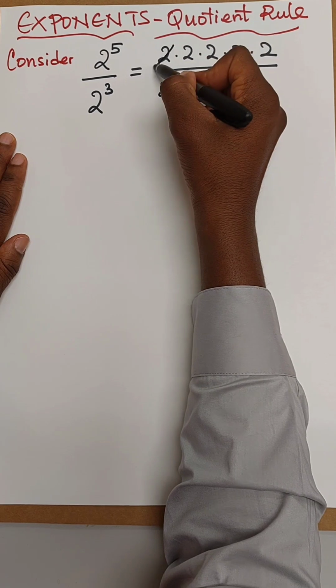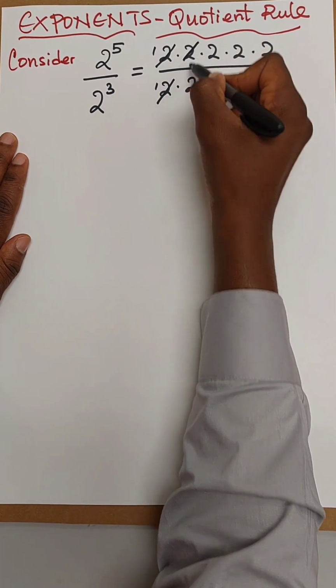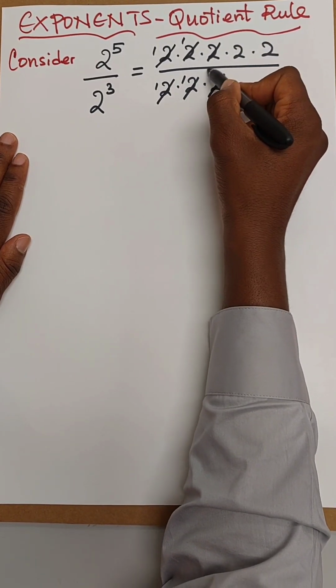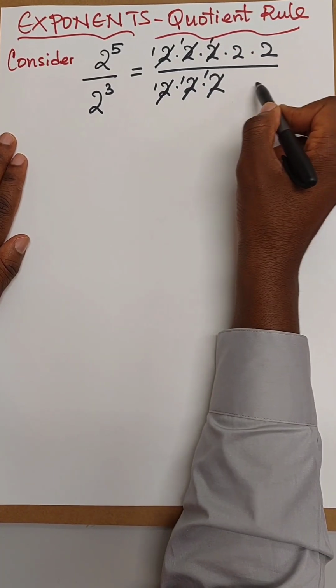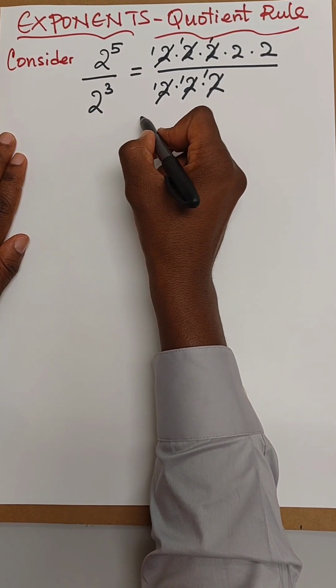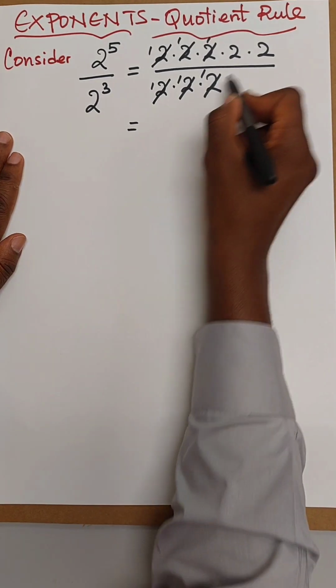But then this 2 in the numerator can divide this 2 one time. This 2 can divide this 2 one time. This 2 can divide this 2 one time. And then we don't have any more 2's to divide those. So we now have 1 times 1 times 1, 1 times 2 times 2.